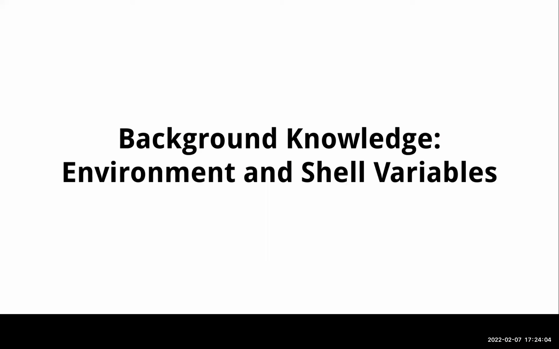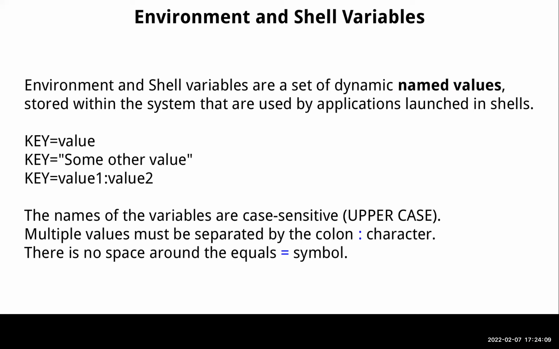Okay, the next piece of background is environment and shell variables. In Linux and also Unix-based systems, environment variables are just a set of dynamic named values. They are stored in the system and used by applications. The operating system will place those variables in the application stack when an application is created.